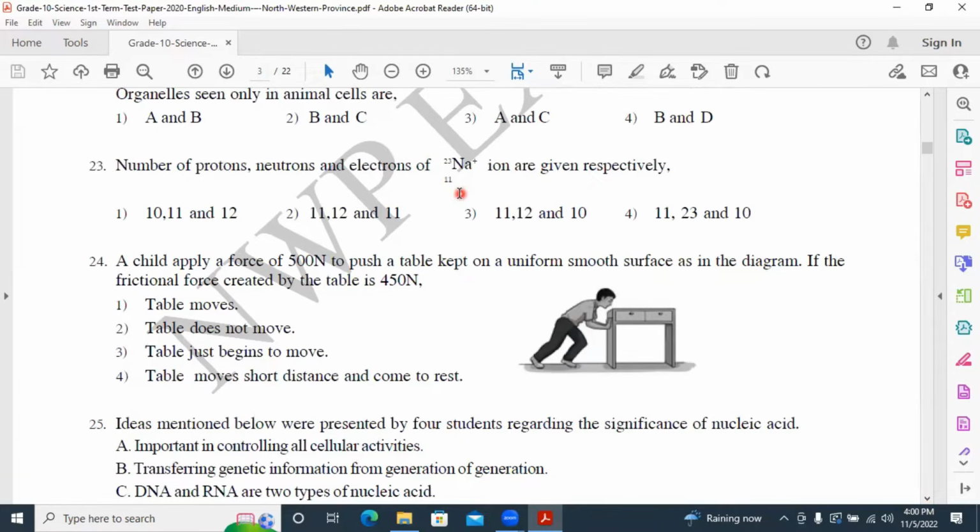But here one electron has been removed, so the number of electrons is 10, protons 11, and the number of neutrons can be found by subtracting the atomic number from the mass number. Answer is 12. Answer number 3 is the correct answer. 11 protons, 12 neutrons and 10 electrons.